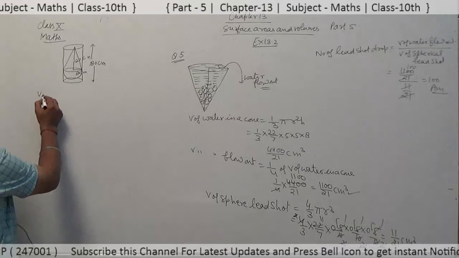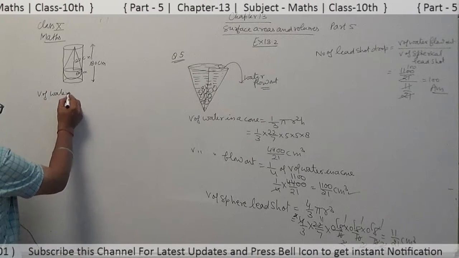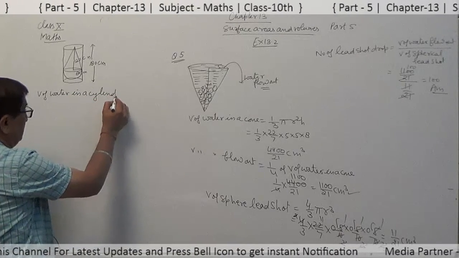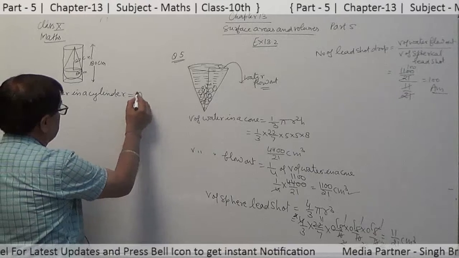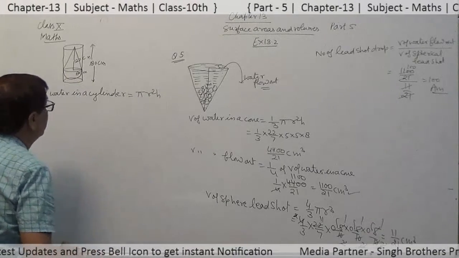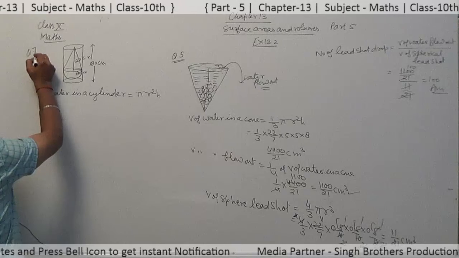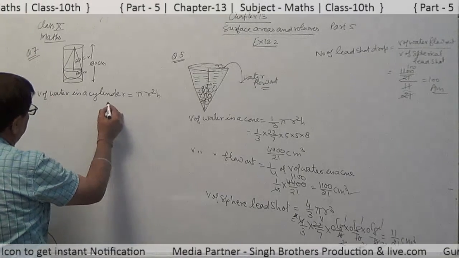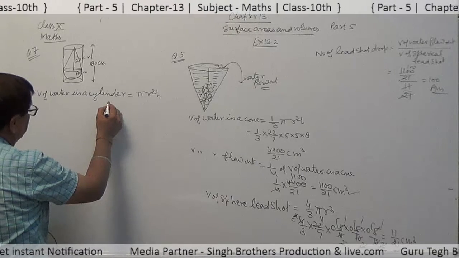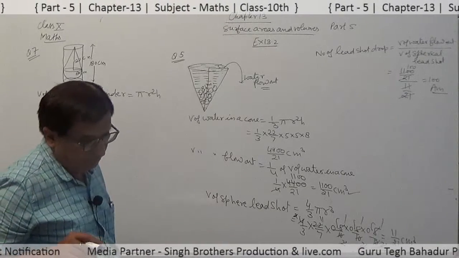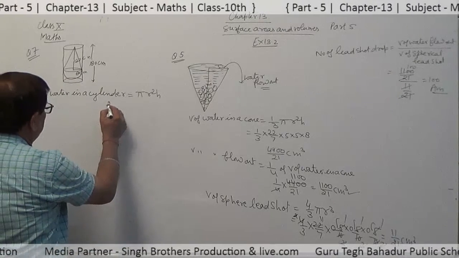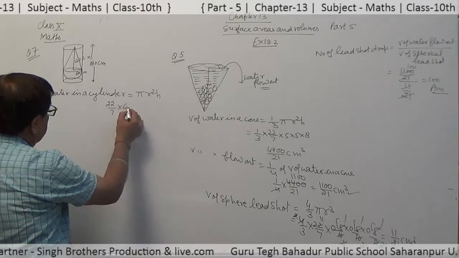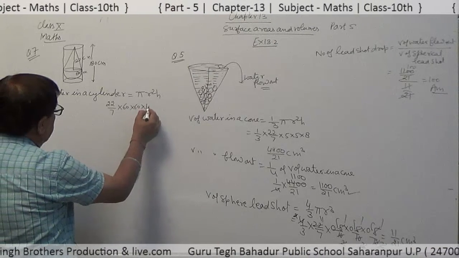So the volume of water in the cylinder is pi r square h. This is question number 7. Radius is 60, height is 180. The value of pi is taken as 22 upon 7, into 60 into 60 into 180.